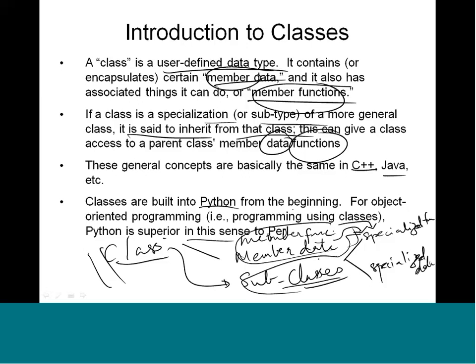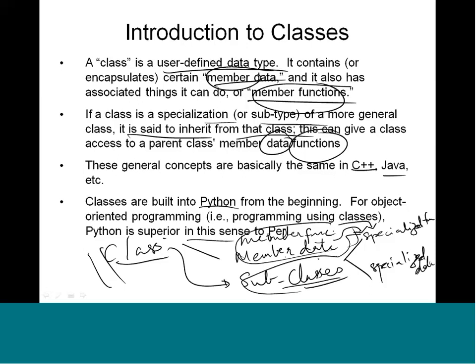Classes are built into Python from the very beginning. We actually used this term class many times before. I hope you remember those things, even though we never talked about object oriented programming itself. Object oriented programming is programming using all these classes and the members, member functions and member data.